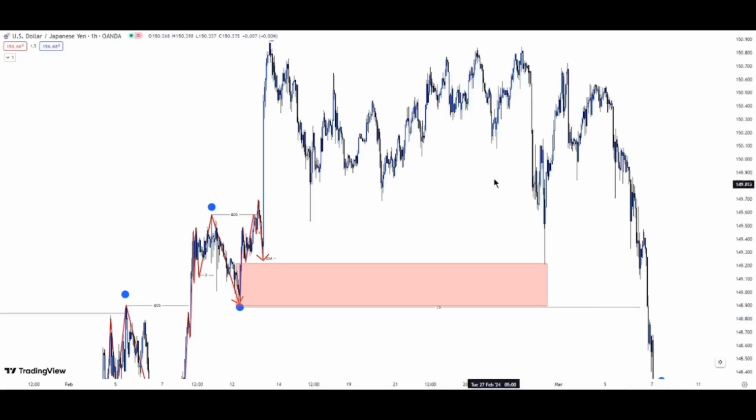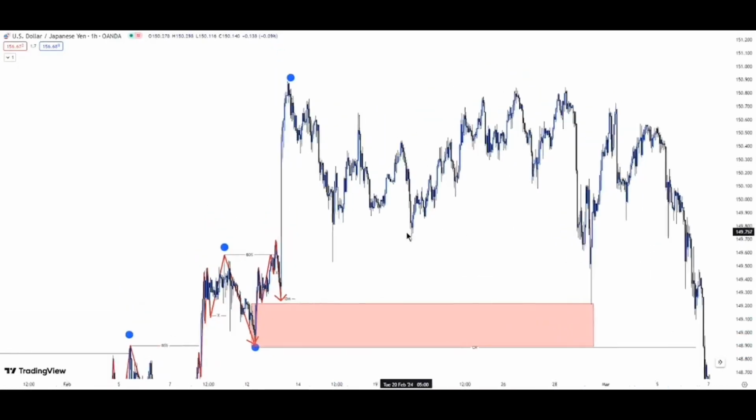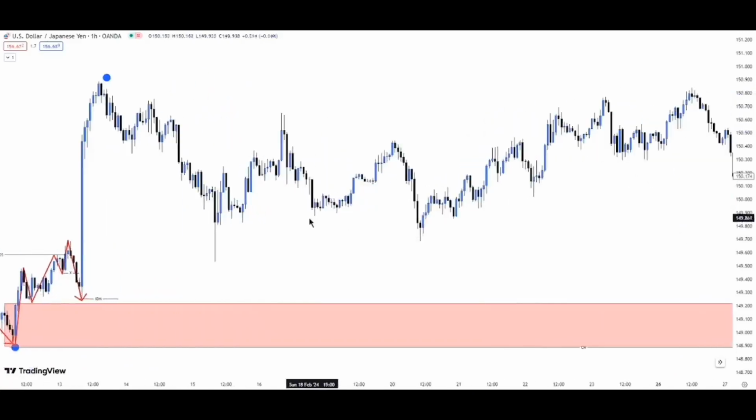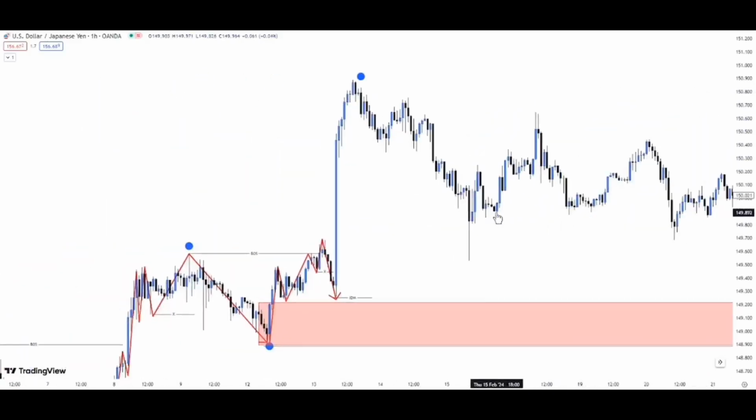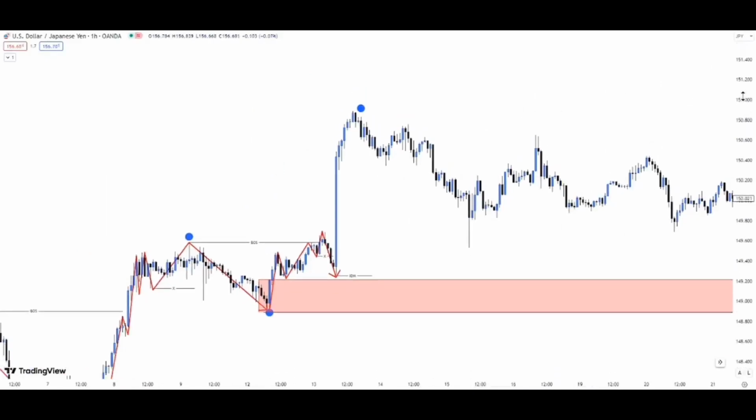Can you see how I've marked all the pullbacks and identified my OBs? It's a very simple thing to do, but you need to take your time to observe the minute details so that you don't get it all wrong. This is the only way by which you can determine your actual inducement in the market.